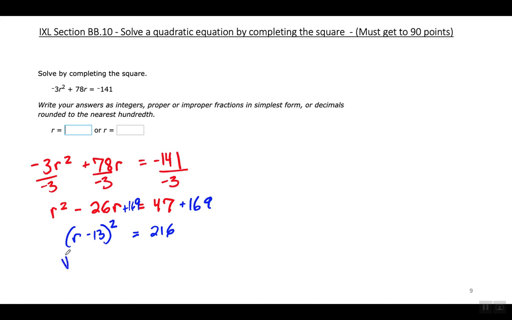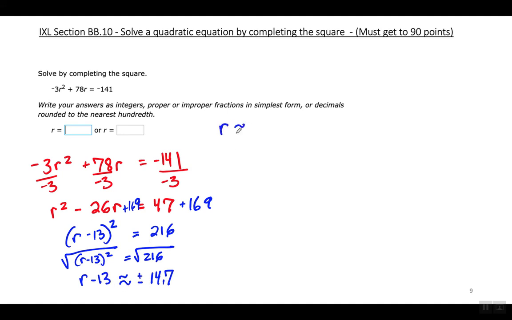Now let's take the square root of both sides. The square root of the left side is r minus 13, and that's approximately positive and negative 14.7. So I'm going to move the 13 to the right side, making it positive.